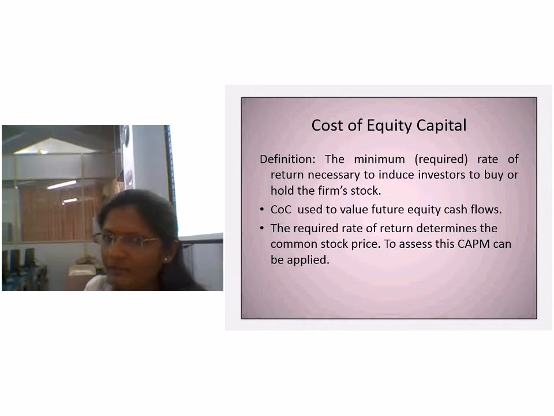In order to calculate the cost of equity, we use the capital asset pricing model, right? When it comes to international finance, we call it the international capital asset pricing model, where we consider the additional risk factors as well, right? Apart from the risk that we consider in the domestic market, we have to consider the additional risk associated with the international business.